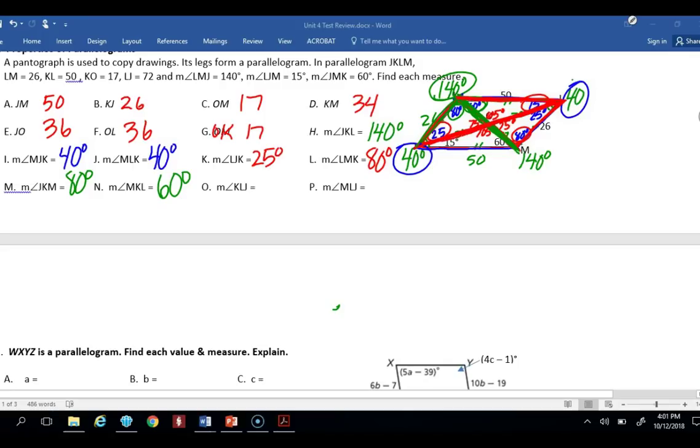KLJ, yeah, it's 15. And MLJ, my initials. Let's go with blue for this one. MLJ, M to L to J. So that one's 25. So there we go.